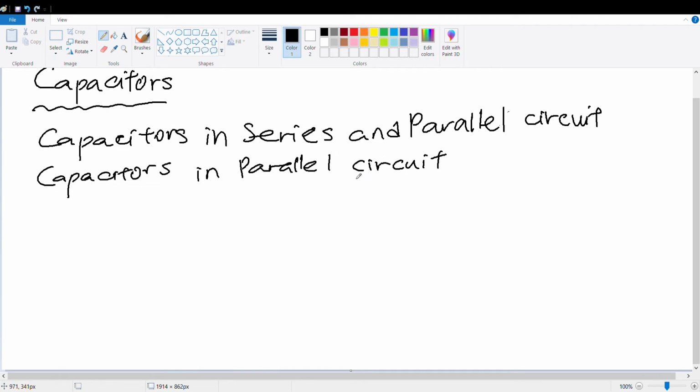Before that, we need to know the rules for the potential difference and the electrical charges in parallel circuits. In parallel circuits, the potential difference across the whole circuit is equal to the potential difference across the first capacitor, which equals the potential difference across the second capacitor, and the same goes for the third capacitor.